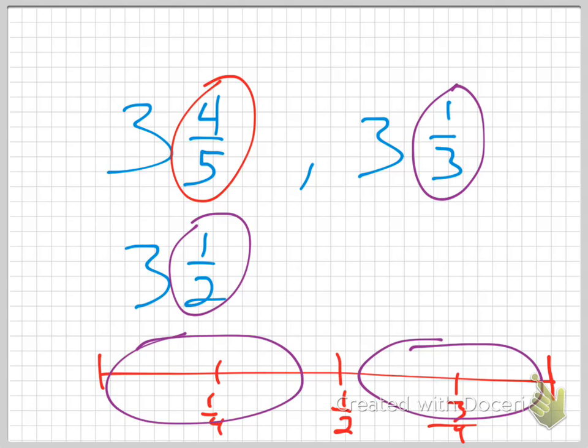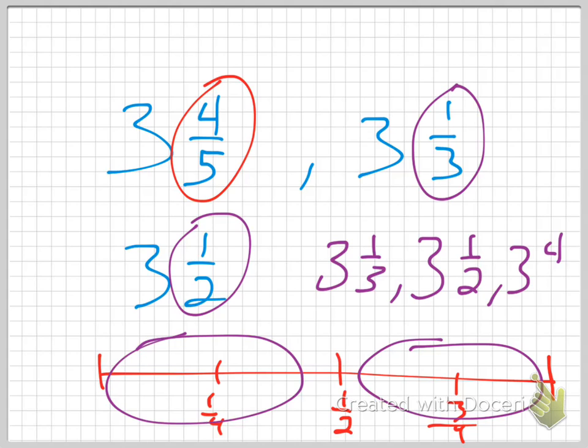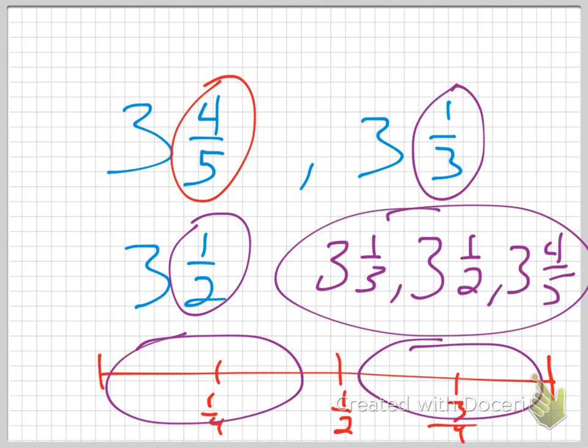So then, which one's the smallest one? 3 1/3. Which one's the next biggest one? 3 1/2. Which one's the next biggest one? Did I do any math there? No, I didn't. That's not me doing multiplication or addition or subtraction. That's just me understanding fractions. Agreed? Do we all understand that? Okay.